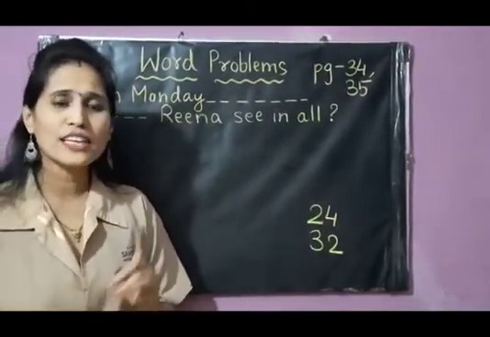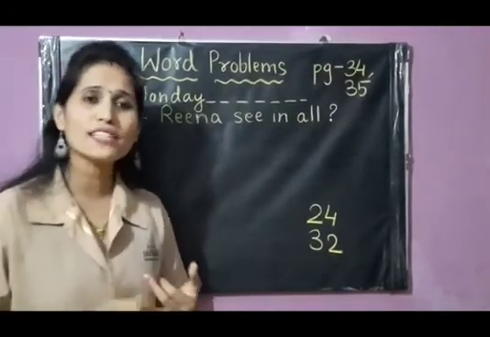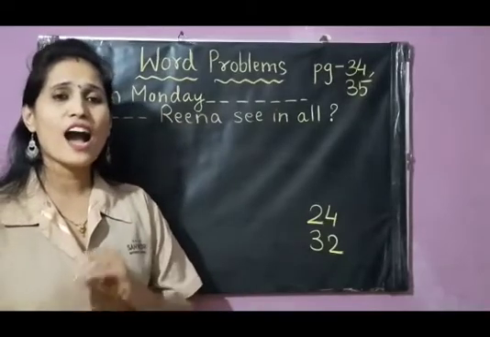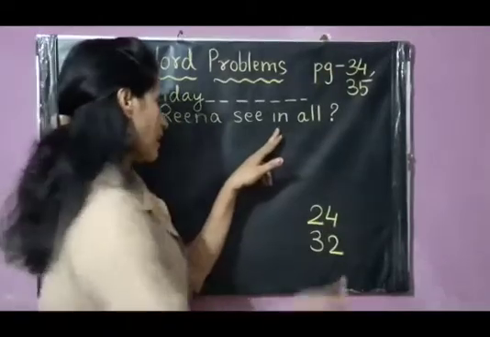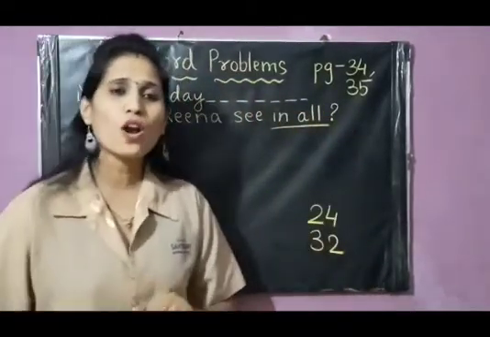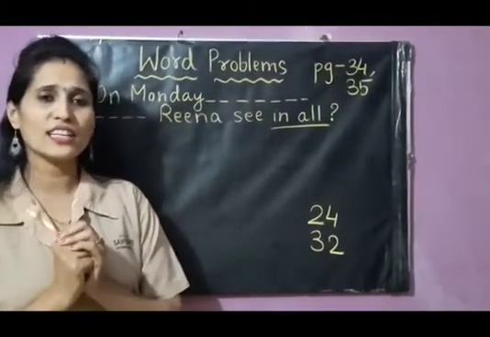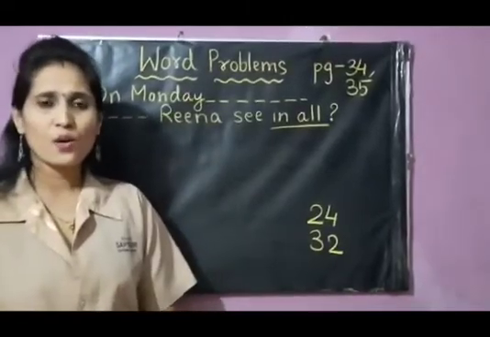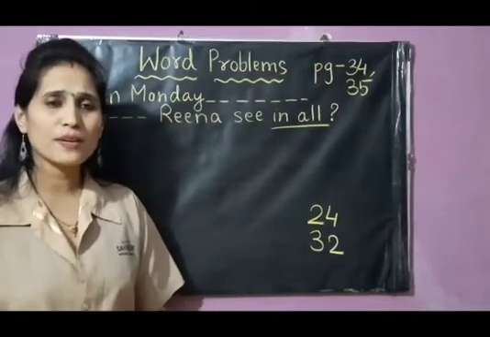So if I know whether I will get this answer by adding, subtracting, multiplying or dividing, my half of the work is done. Now here you have seen "in all" is written. In all means they are asking together how many butterflies did Reena see. Okay, we have to write the statement. What should be the statement?